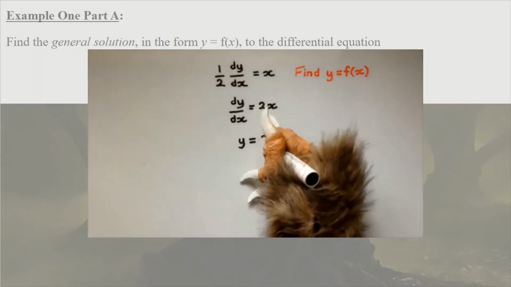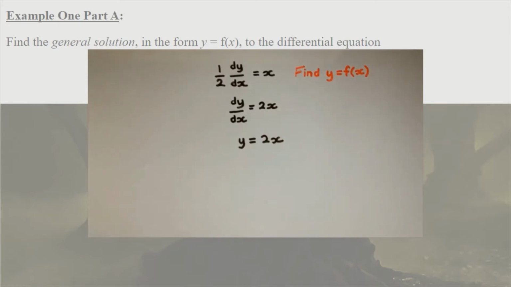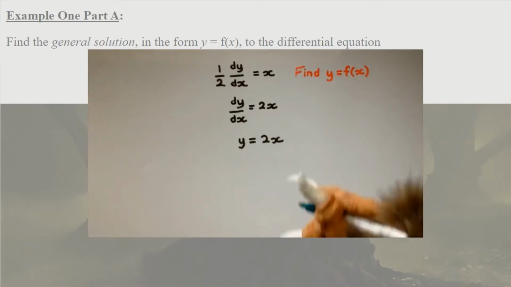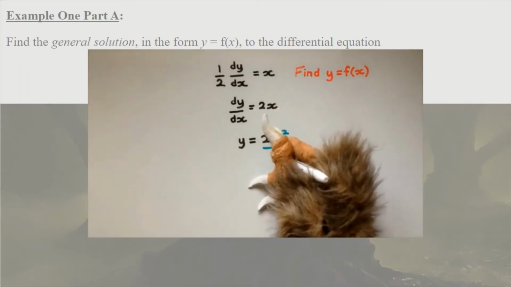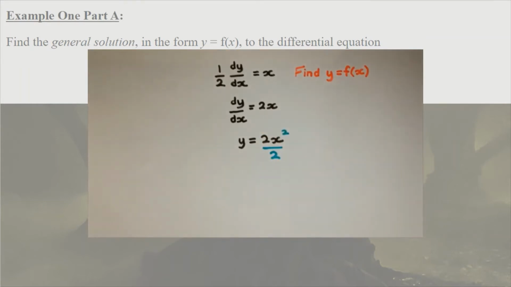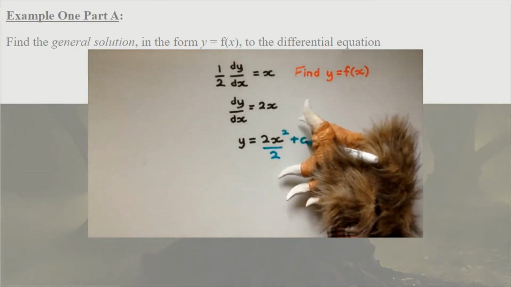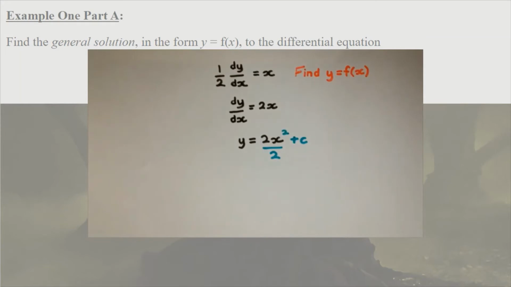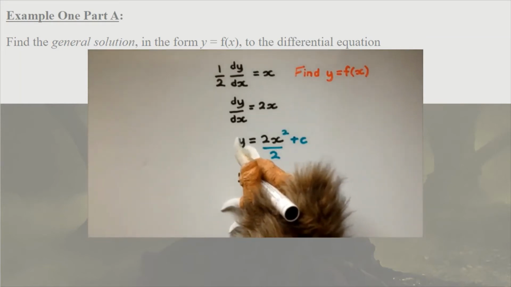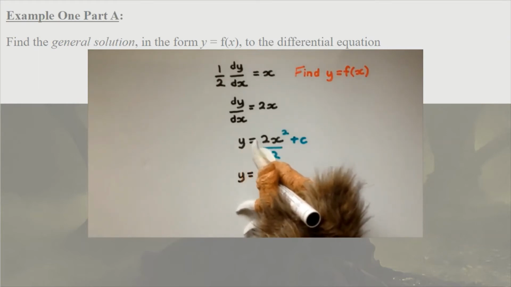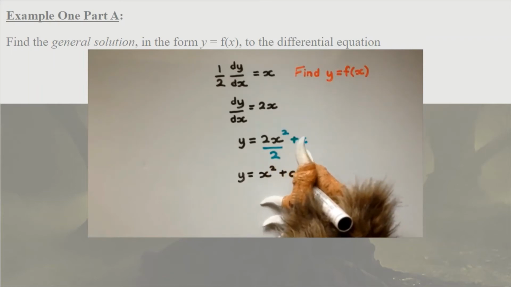So I add 1 to the power. The power of x is, of course, 1, so if I add 1 to that, I'll get 2x to the power 2, and then I divide by the new power, and then I have to remember to add the constant of integration, like so. Right, now let's make that look a little bit more simple. So we have y equals x squared plus the constant of integration.